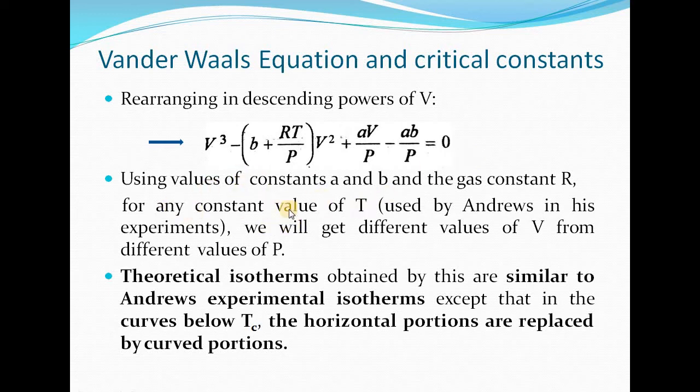Now if we keep the temperature constant, and for a particular gas the values of a and b are constant, R is also a constant, known as the gas constant. So keeping temperature constant for a particular gas, we can get different values of volume V for different values of pressure P.